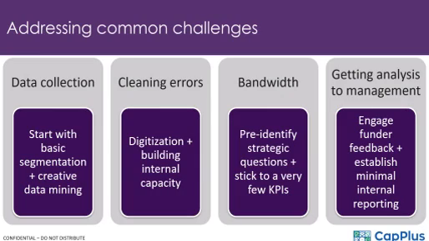Basic segmentation, I think, is the most important way to start thinking about clearing data collection hurdles. This is because if you can segment your clients by demographic and by the product or service that they're receiving, there's a lot that can creatively be done with the rest, right?